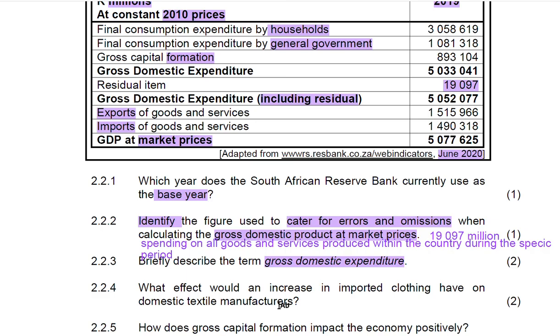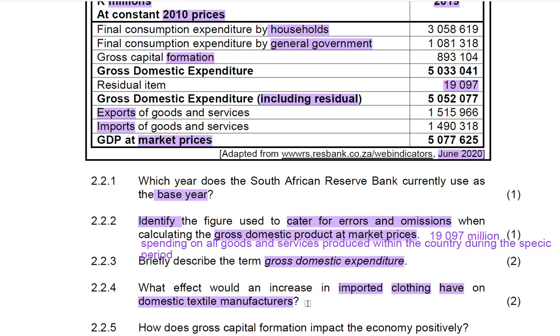So think of it: if we import more clothing from Shein, what will happen to the manufacturers of textiles in South Africa? What does it mean for them?